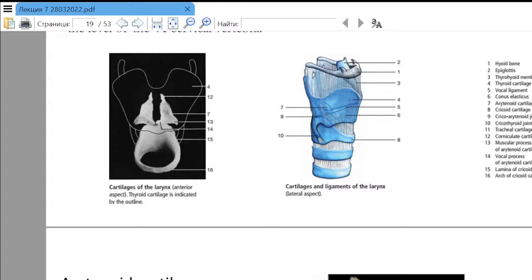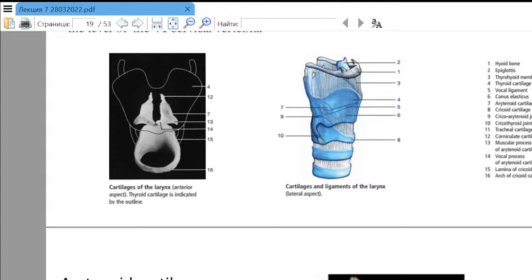This is the anterolateral surface. This is processus vocalis, processus muscularis, and this is apex.